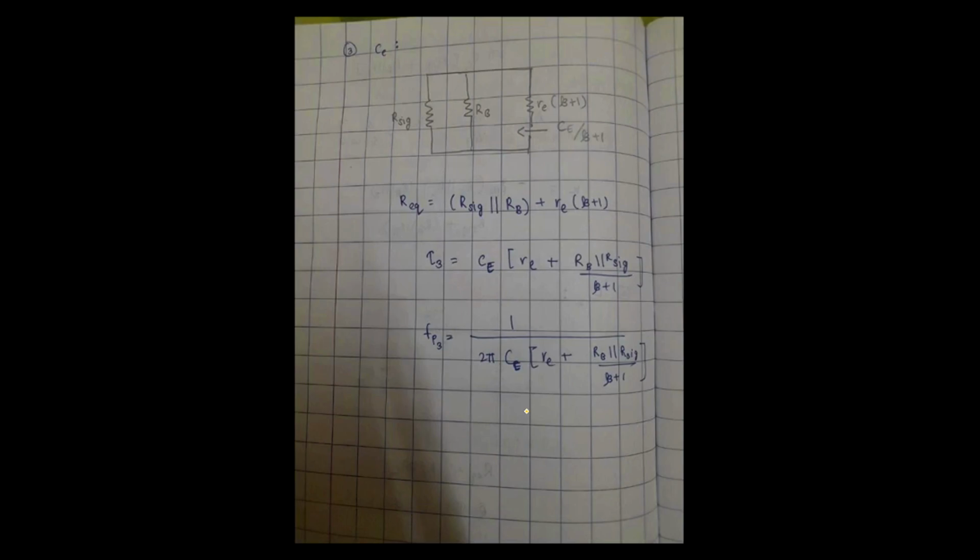For CE, what I have is my R signal in parallel with RB, and the resultant of them is in series with RE into beta plus 1. So again, this is a very simple technique which allows me to derive the expression for frequency in just 2 steps.